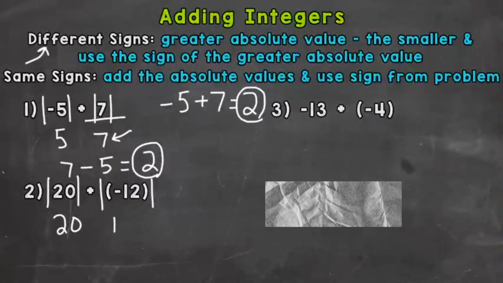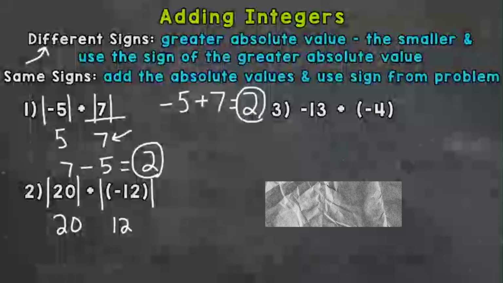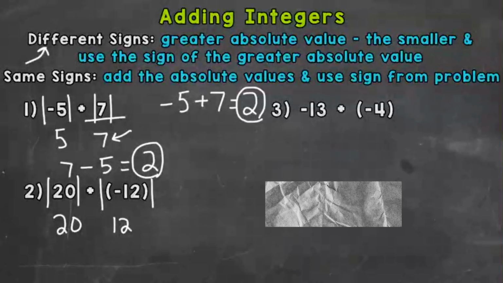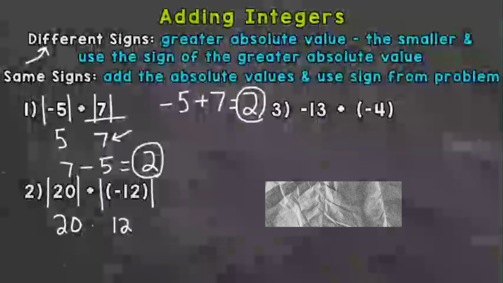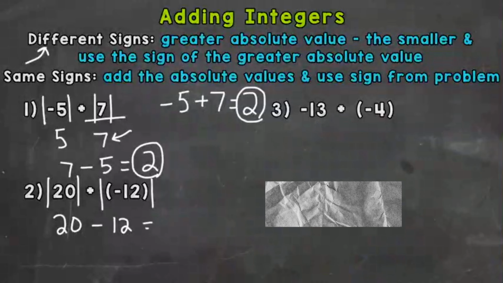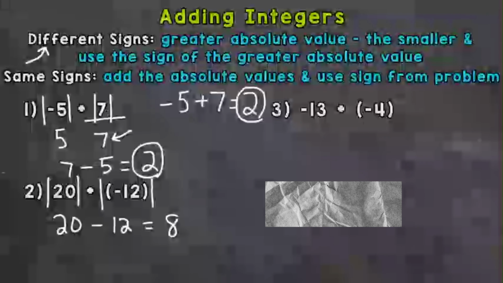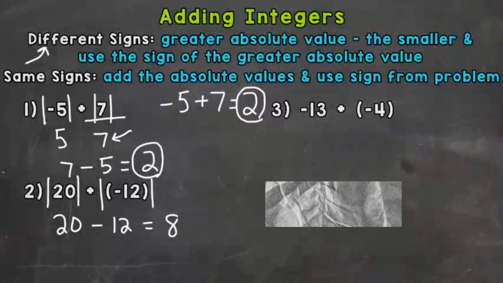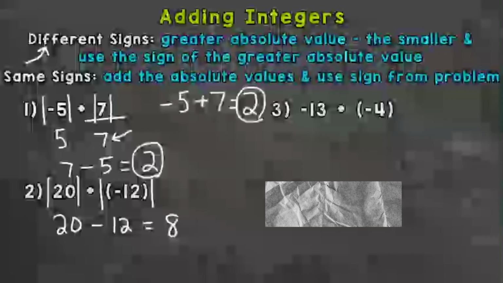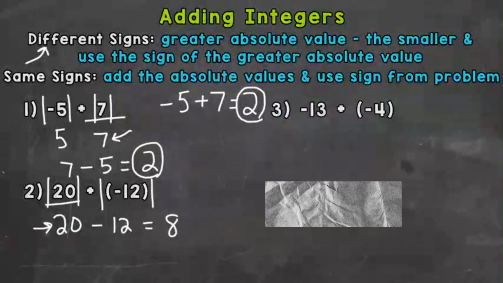So we need to take the greater absolute value, 20, minus the smaller absolute value of 12, and we get 8. So we need to use the sign of the greater absolute value, which is 20. And in the original problem, it was a positive 20. So our answer is a positive 8.